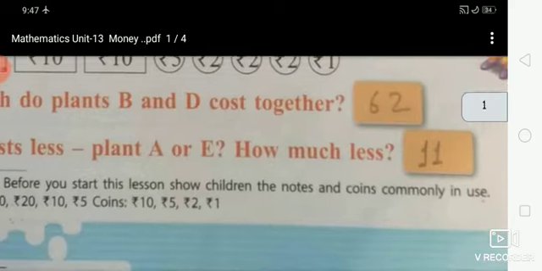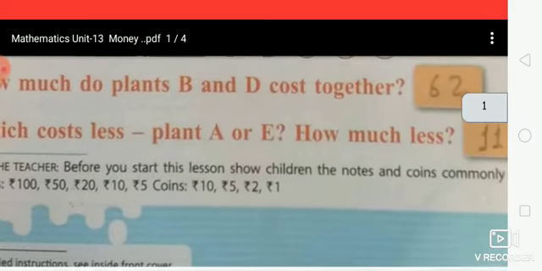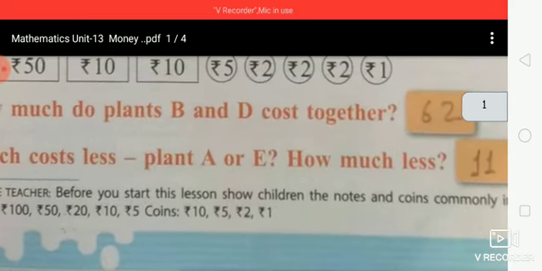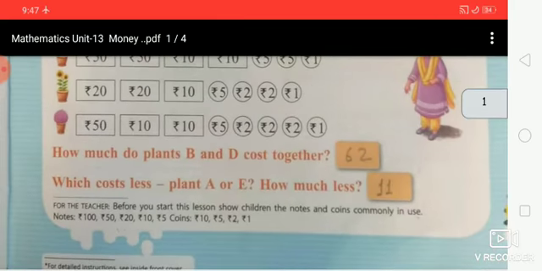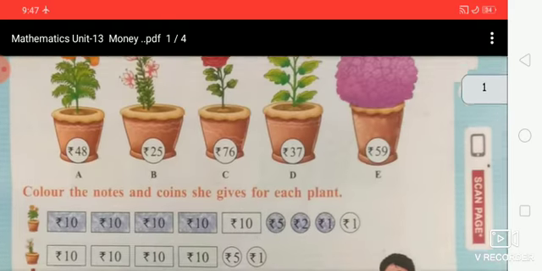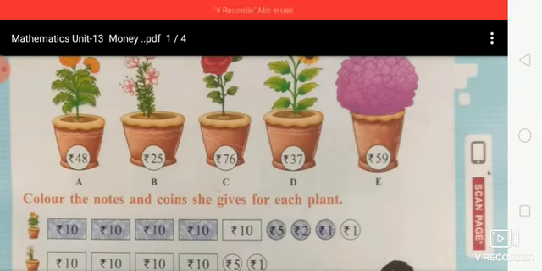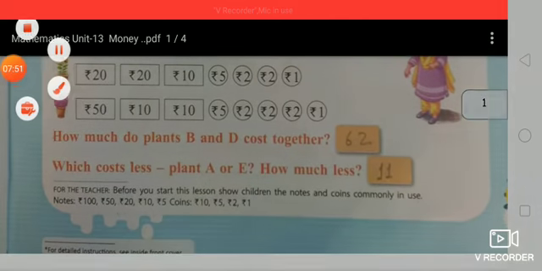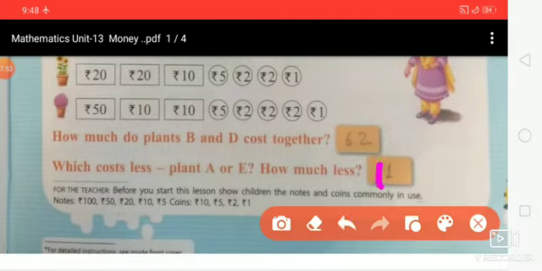Now next, which costs less, plant A or E? How much less? So look here. Pot A and E cost 48 and 59. So 59 less 48 is equal to 11.